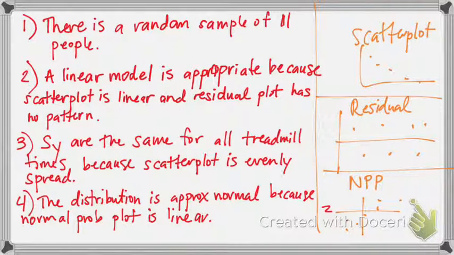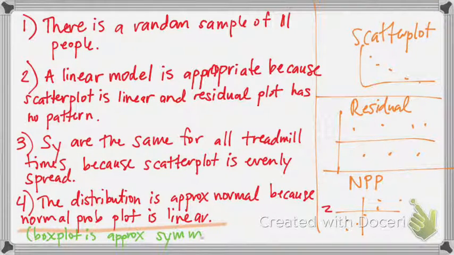Or if you wanted to do a box plot, remember, you could say the box plot is approximately symmetrical and has no outliers. I say that because it might show up on a multiple choice, something like that.